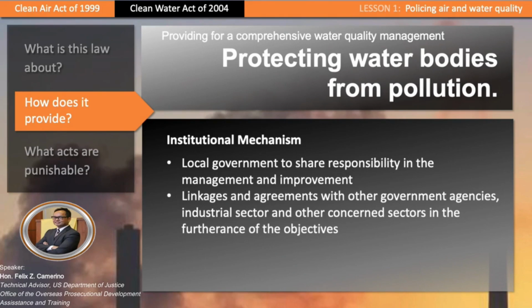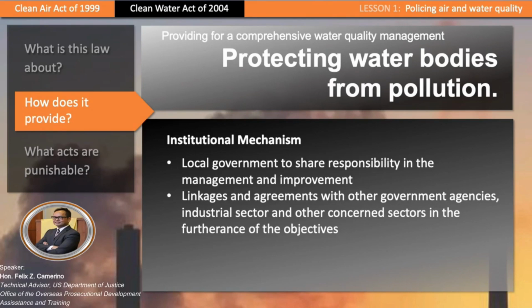Linkages. So besides the DENR and local government, in order to fulfill the multi-sectoral body boards, there's naturally a need to involve as many in the sector as possible, not just government entities, but non-government entities as well.